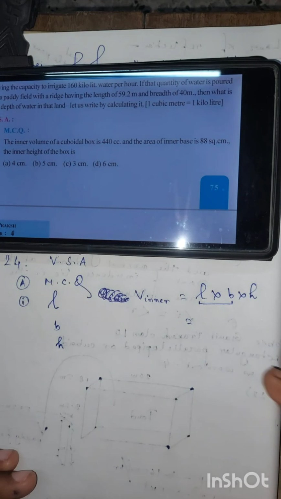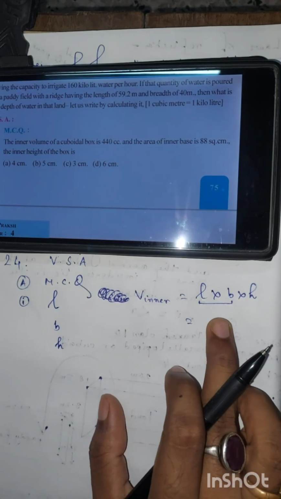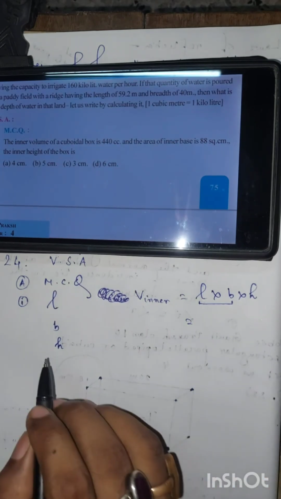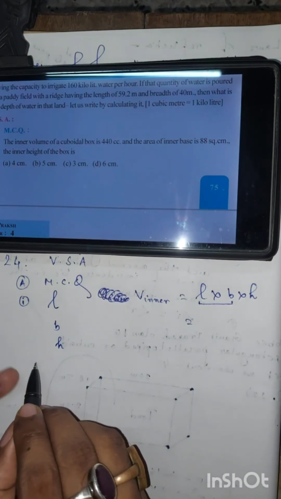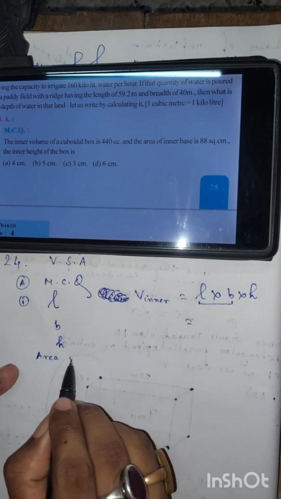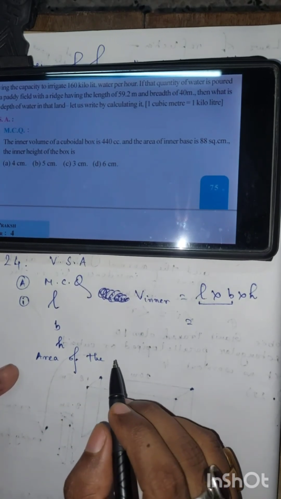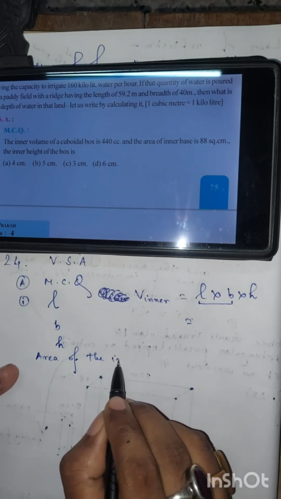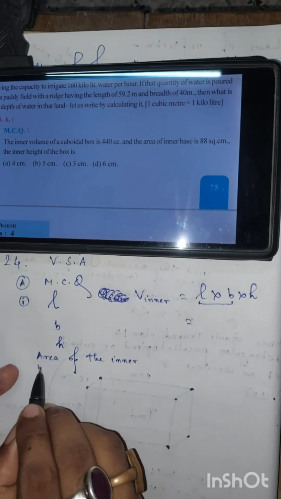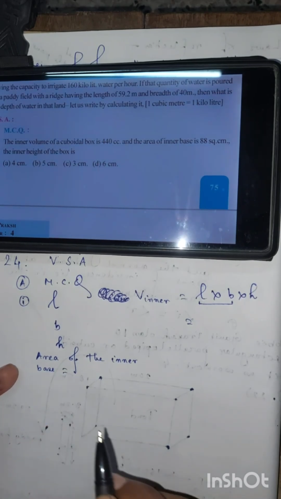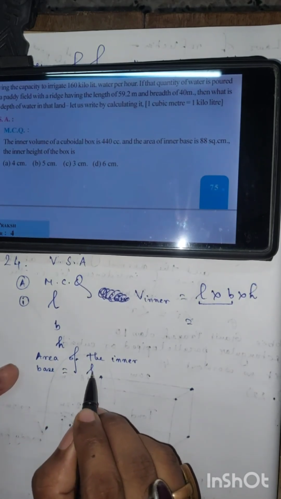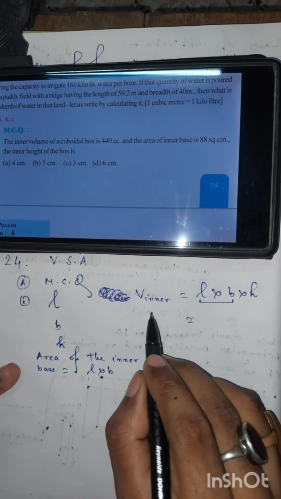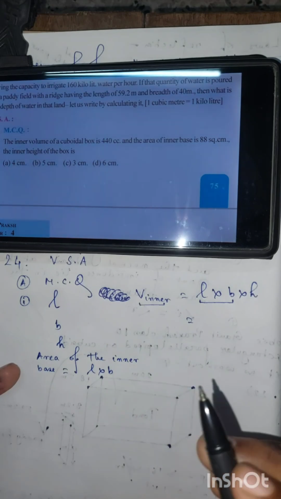So area of the base is actually length into breadth, which is given. So the area of inner base, that is length into breadth, which is given, and volume inner, which is also given.